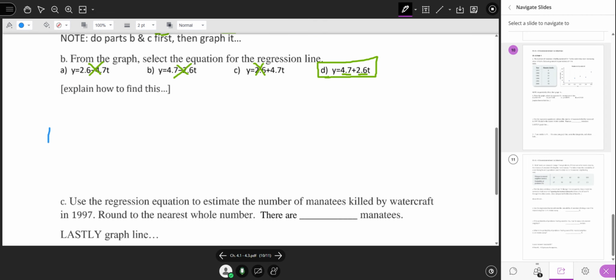So we take 1997 minus 1975, and that gives us 22.